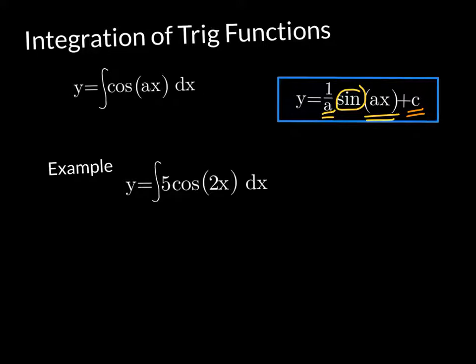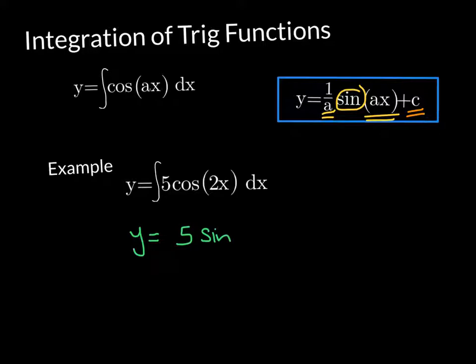As an example, let's say that y is equal to the integral of 5 cos of 2x, and we're integrating with respect to x. If we use the rule stated above here, then we can say that y is going to be equal to 5, that's a multiplier, so it stays where it is for the minute, and then the cosine goes to a positive sine function.